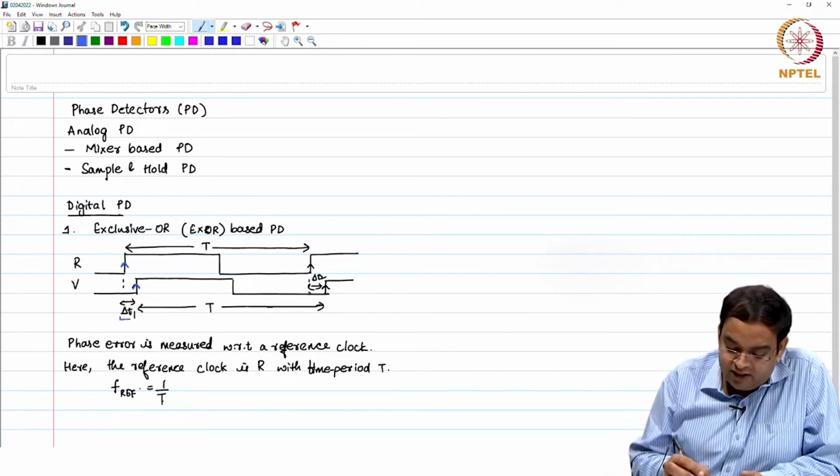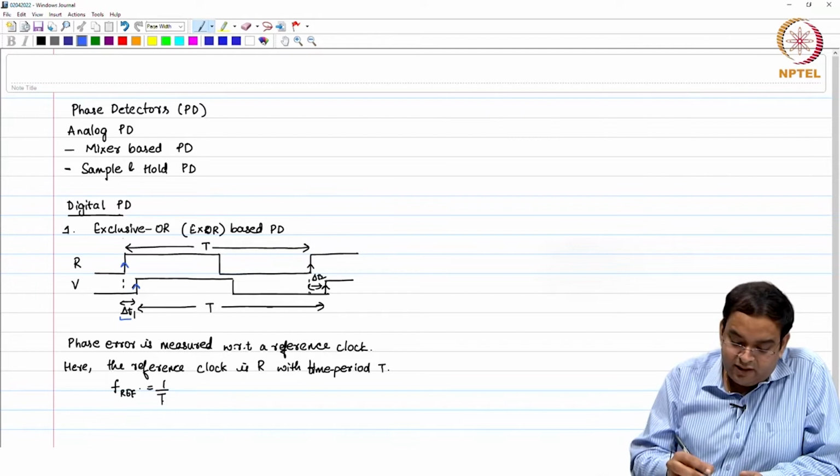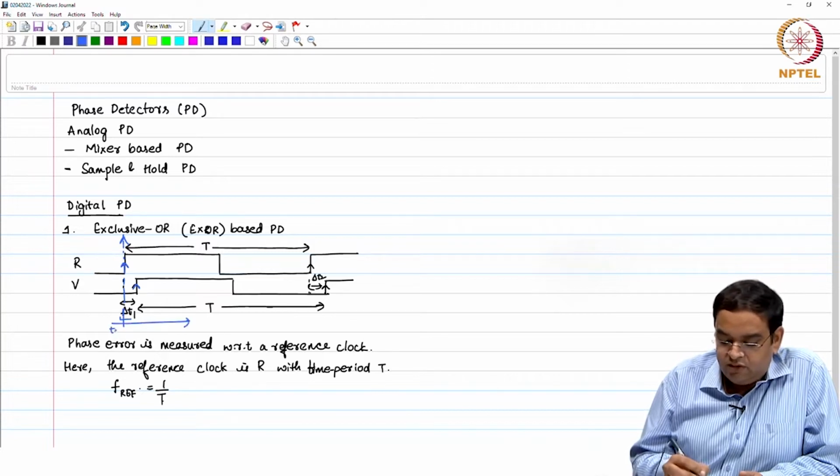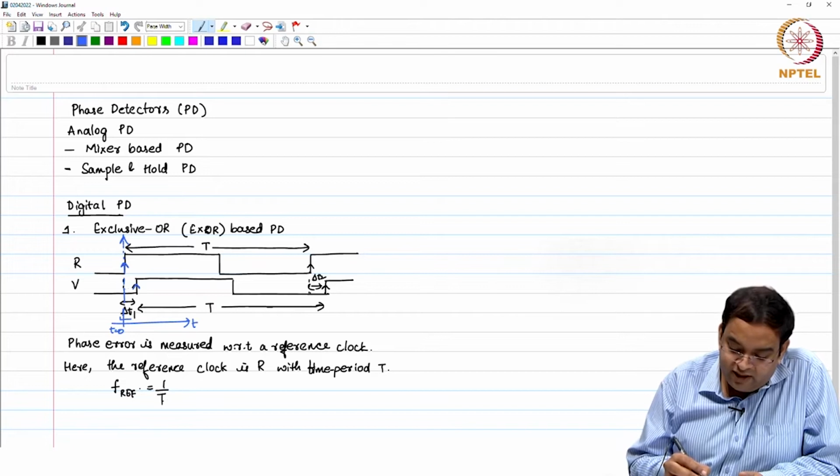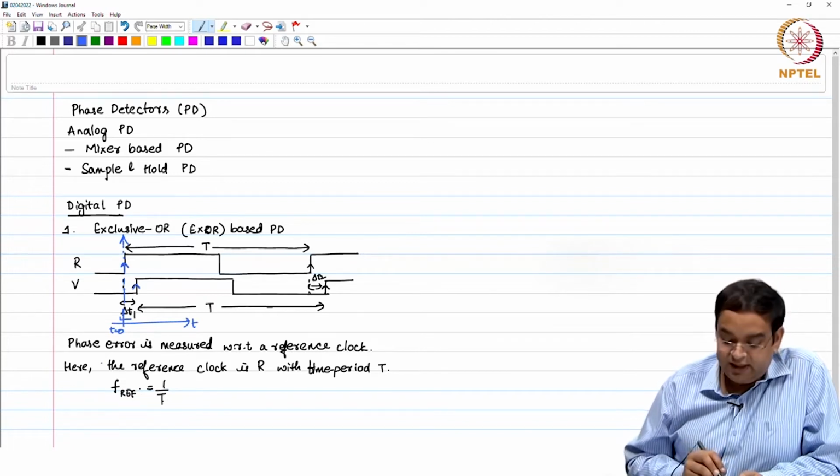So, what is the error here? Let us say you start with time instant t equal to 0. What you see here is that the error between these two rising edges is delta t.